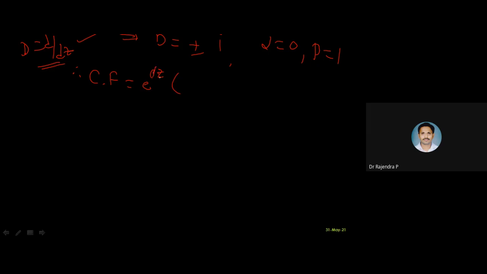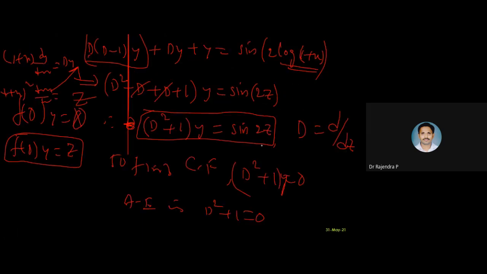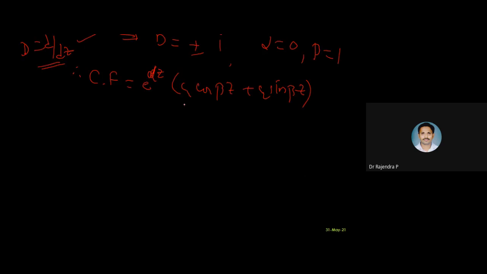Otherwise, e power alpha z, C1 cos beta z plus C2 sin beta z. Our problem is reduced to, in place of x, a capital Z form. Let us assume like that. So when we have some other function, we have to write our solution also in terms of z.